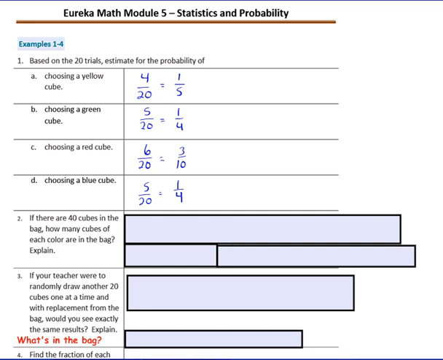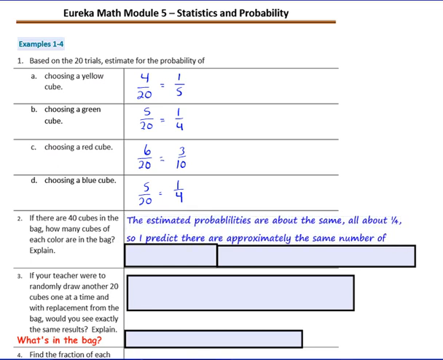The other colors for red and yellow are very close to that, 4 out of 20 and 6 out of 20. So all of the probabilities turned out to be relatively close to each other. The estimated probabilities are about the same, all about 1/4. So I predict that there are approximately the same number of cubes of each color.